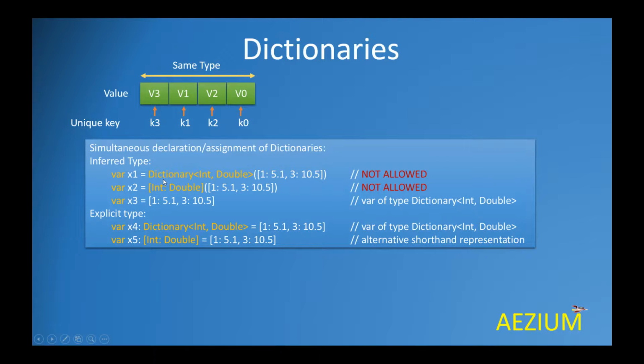We might think that similar to arrays and other data types we've seen before, we could use the initializer format and write something like this, where we have the dictionary keyword followed by angled brackets, and inside we put the types of key and value pairs, and within brackets we mention the initialization value of the dictionary.